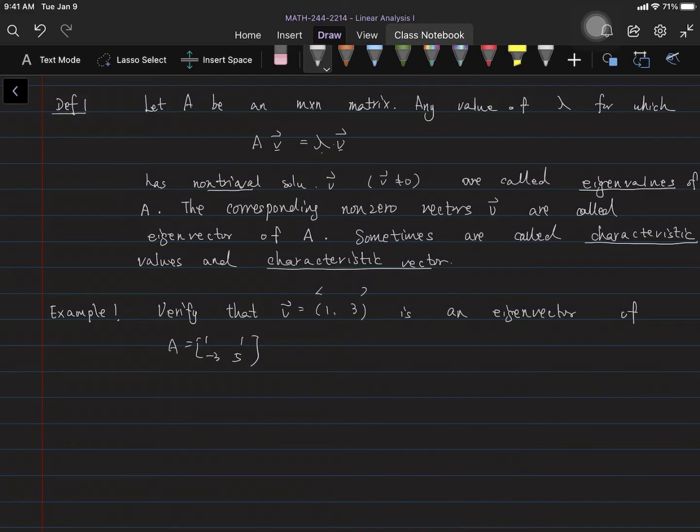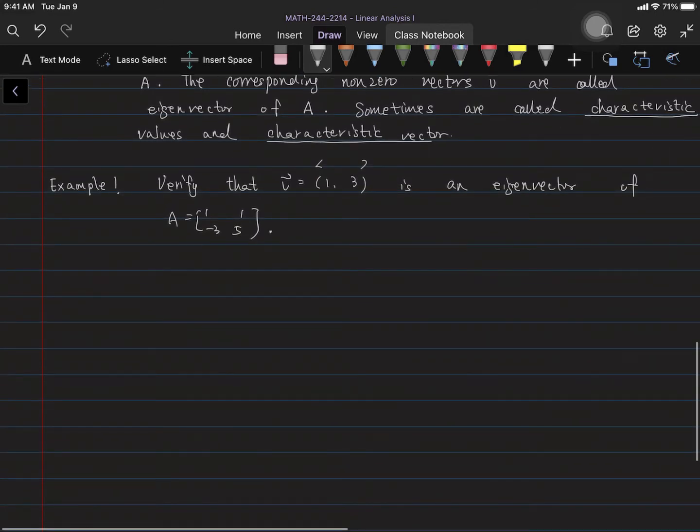So what's the meaning of this? We just want to test if AV equals lambda V. So we do A times V. A is given here, 1, 1, negative 3, 5. And V is given as a row vector, but we can change this into a column vector, 1, 3. Do the product. The first row times this vector, 1 plus 3 is 4.